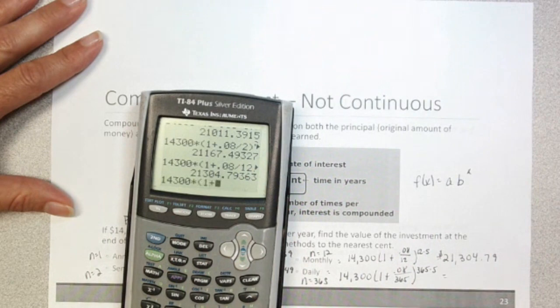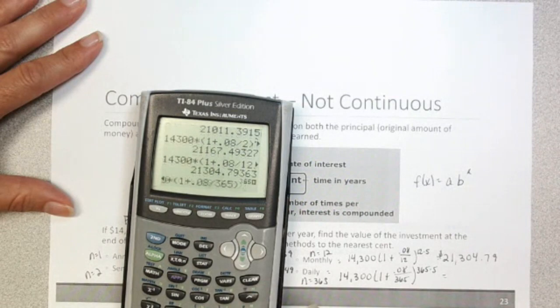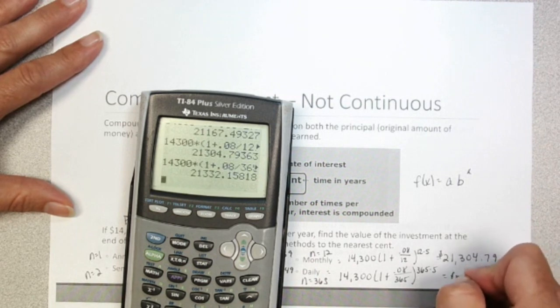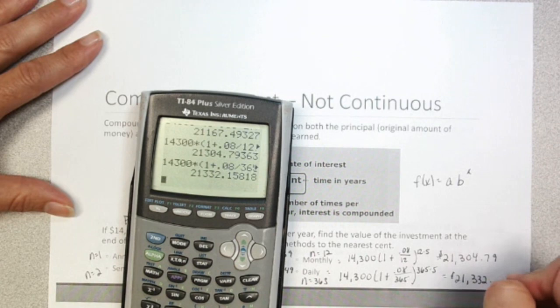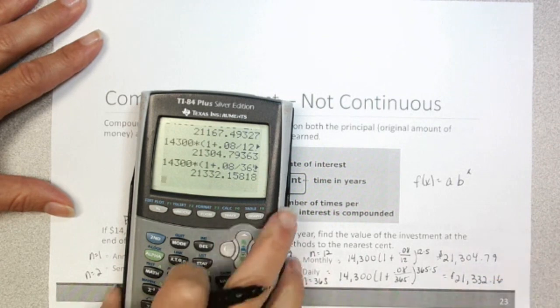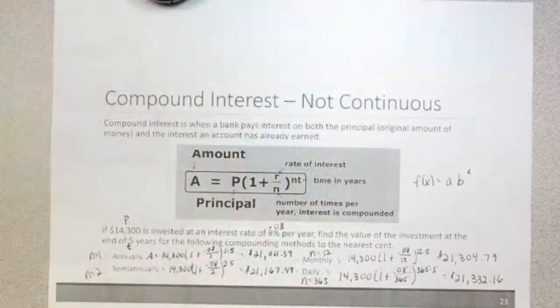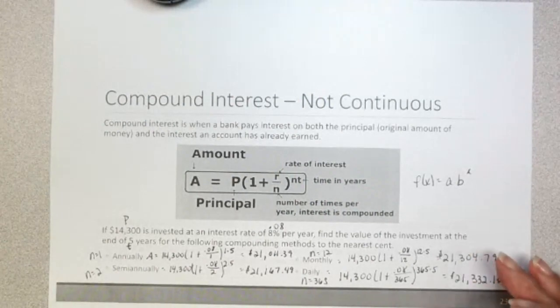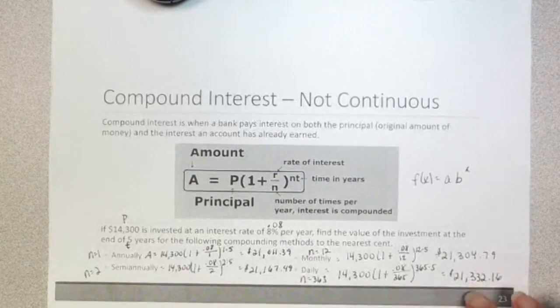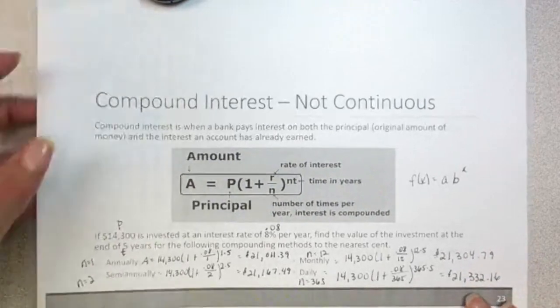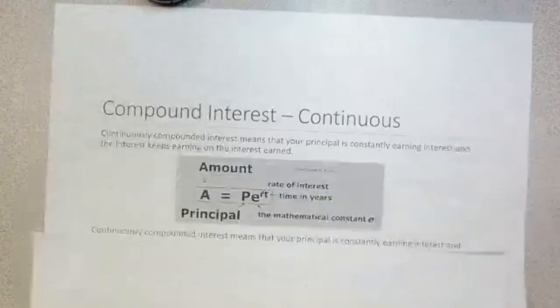And there we have it, $21,332.16. That's our highest amount there. And if for some reason we compounded twice per day or hourly, this amount would keep going up. This is an exponential growth function, right?